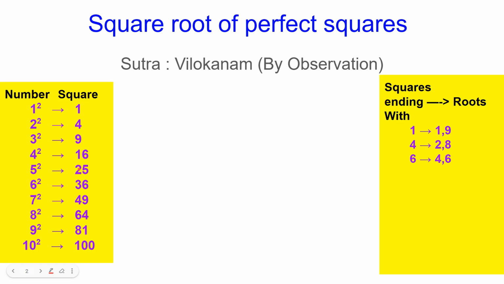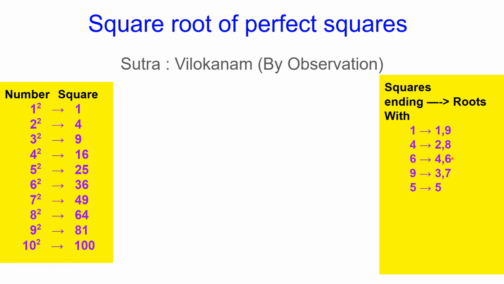Next, the squares ending with 6 are 16 and 36, whose roots are 4 and 6. Next, the squares ending with 9 are 9 and 49, whose roots are 3 and 7. And the square ending with 5 is 25, whose root is 5.